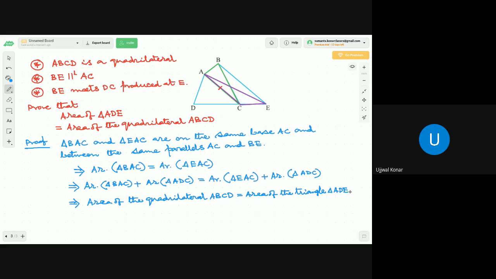And that is what we have been given to prove. Absolutely clear, dear students? Any doubt you have, please feel free to ask me.